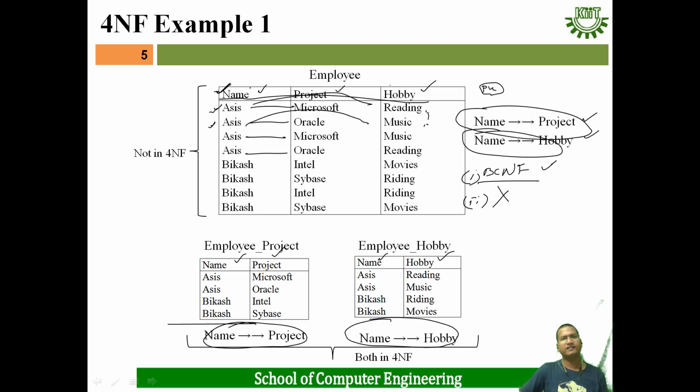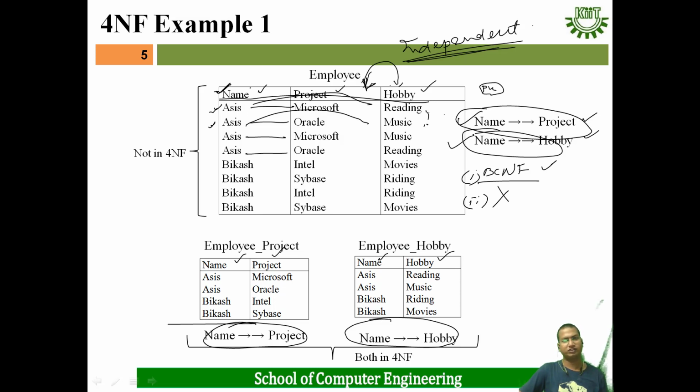In this case, another thing I want to explain: this project and hobby are independent of each other. Whenever there are multiple multi-value dependencies and two attributes are independent of each other, at that moment redundancy increases. Such a situation is avoidable in case of 4NF.